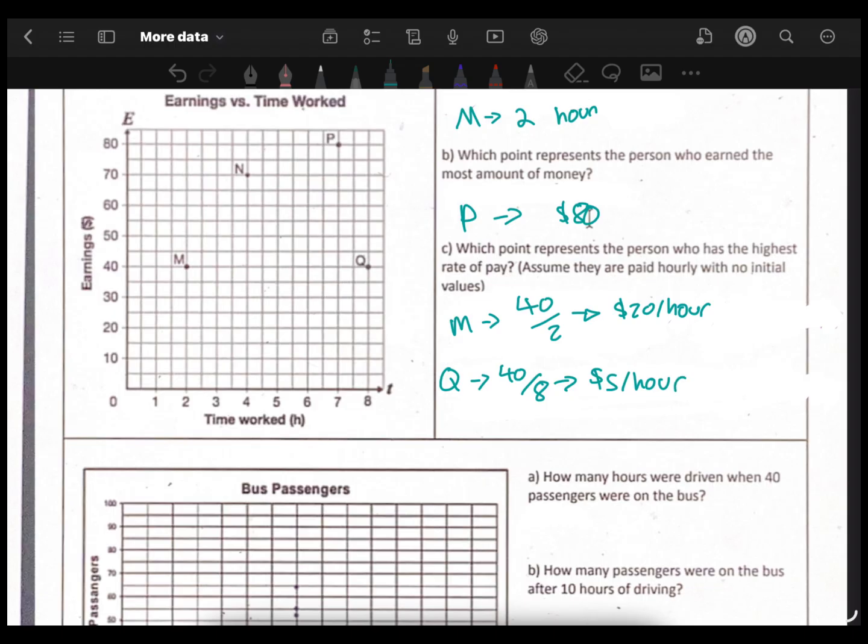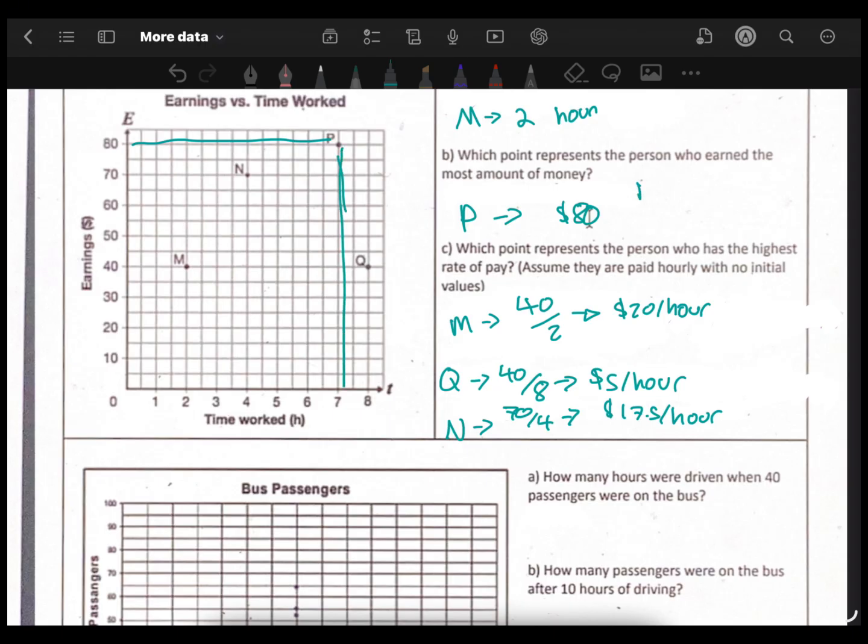Then N. N is 70 divided by 4, so they make $17.5 an hour. We also have our point of 80 over 7, which would be P. This is because P makes $80 and they have 7 hours of work.